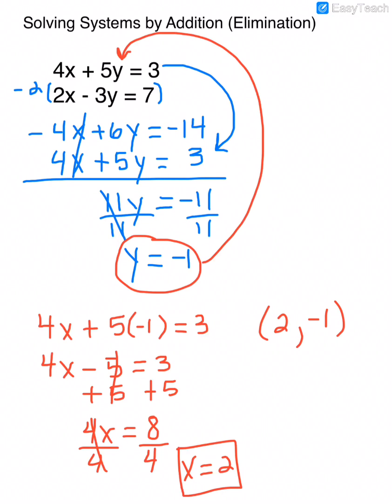Now, there are 3 possible types of solutions that we can get whenever we're solving a system of equations. Like I said, the solution to a system of equations means where the two lines cross each other. So what we're looking for is the point where the two lines cross.